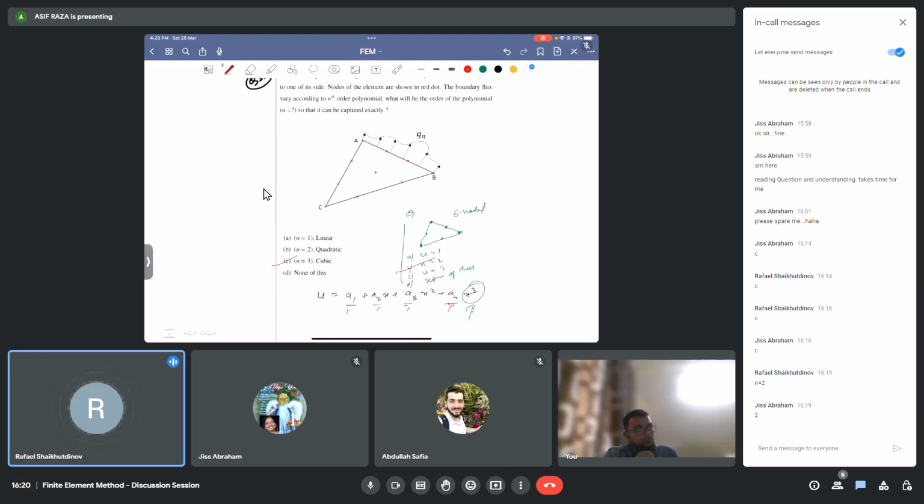For a polynomial like linear or cubic, it will be a1 equal to something, a2 equal to something, a3 equal to 0, for instance. That is a tricky question actually. Yes, you are correct in that aspect: if it is able to capture cubic, it will also capture quadratic, linear, or constant values as well.